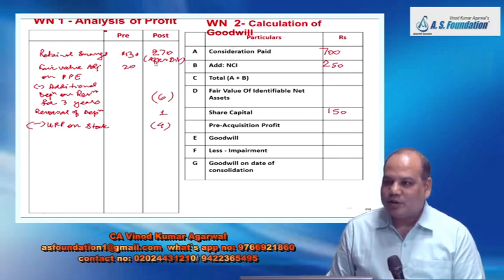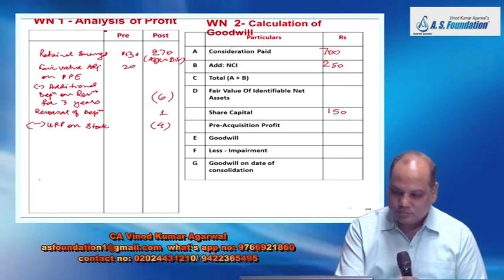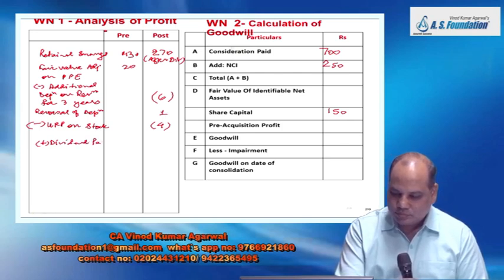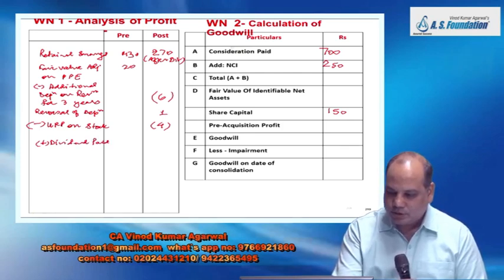Or if you don't do anything, then also the effect will be the same. We should add it. Okay. Add. Dividend paid. How much is that? 20.